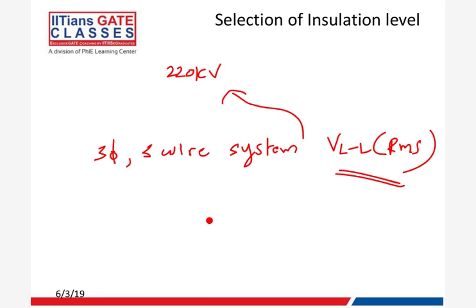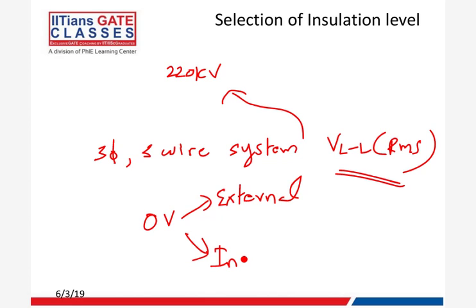One of the reasons that we need insulators, and we saw what would cause the failure of insulators, is over voltages, right? So in a power system there are two possibilities of over voltages. The first one being external and the second one being internal, right? What is the external over voltage?